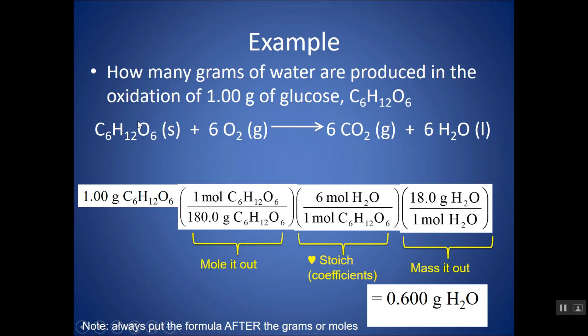So notice I have not touched the coefficients. Whether for H2O, whether this was 6, 8, 100, whatever this coefficient was, the conversion factor to change from moles into grams would be the same. 1 mole of H2O weighs 18 grams. This conversion factor is based only on the formula, not on the coefficient.